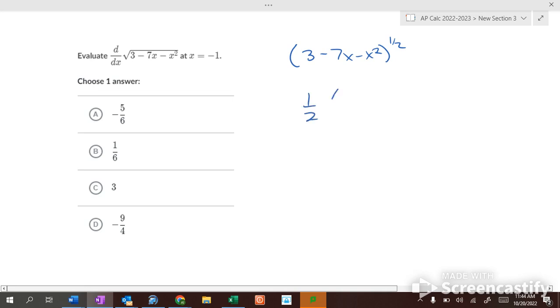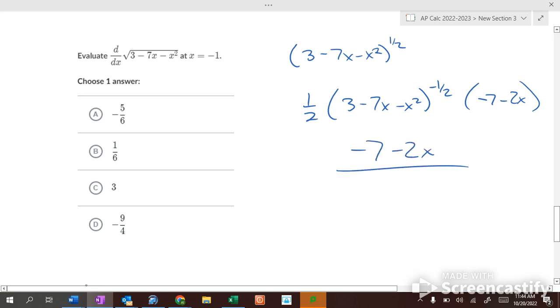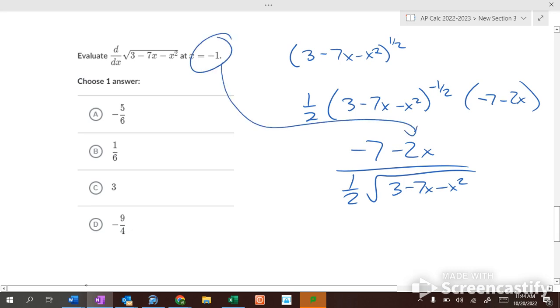So it's 1/2 times this to the -1/2 power times the first derivative of the inside of it, which is -7 minus 2x. So the -7 minus 2x is on the top. 1/2 times the square root of 3 minus 7x minus x squared is on the bottom. Now we're sticking a -1 in for each x.